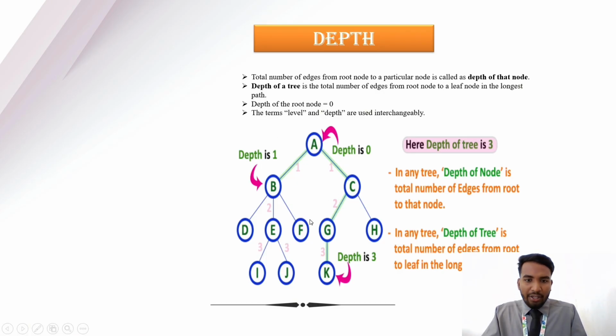For example, if we calculate the depth for the K node, then it should start from the A node, the root node, then 1, 2, or 3. So the depth for the K node is 3. And remember that the root node depth is always 0.